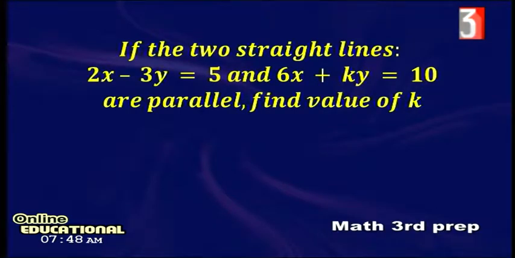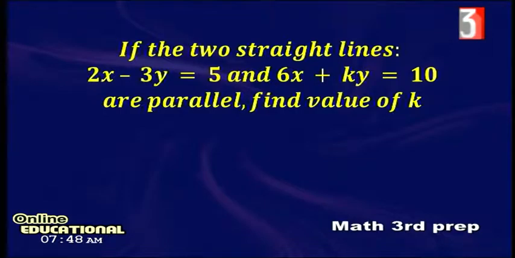When the two straight lines are parallel, of course we have taken that their slopes are equal. Or you are going to notice that 2x becomes 6x, so it is multiplied by 3. The negative 3 is going also to be multiplied by 3 to obtain a result of negative 9.